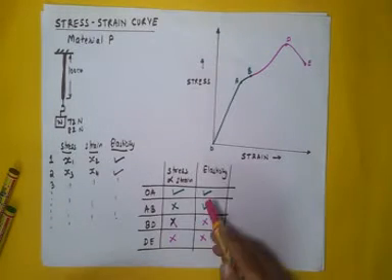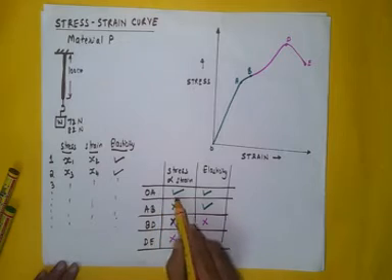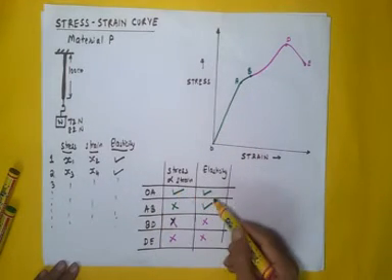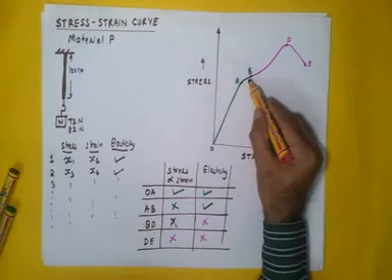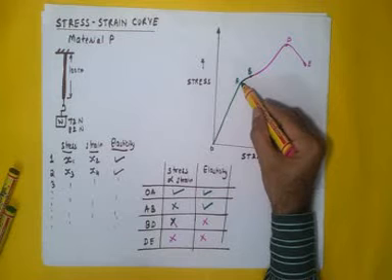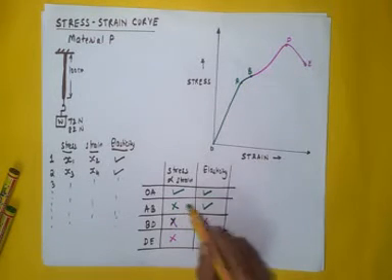Okay, with this knowledge in mind, let's now look at these parts more closely. In part OA, stress and strain are proportional and elasticity is observed. This is the simpler part, a straight line, a directly proportional relationship, and elasticity observed. As far as part AB is concerned, the elasticity property is exhibited, but stress and strain are not proportional.